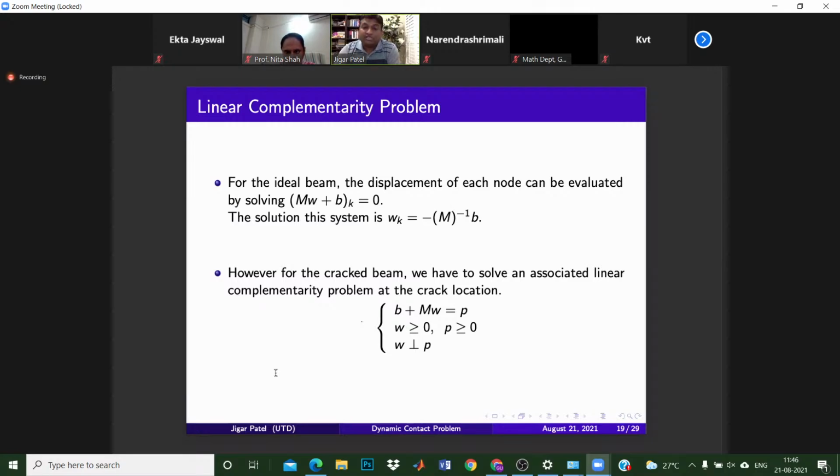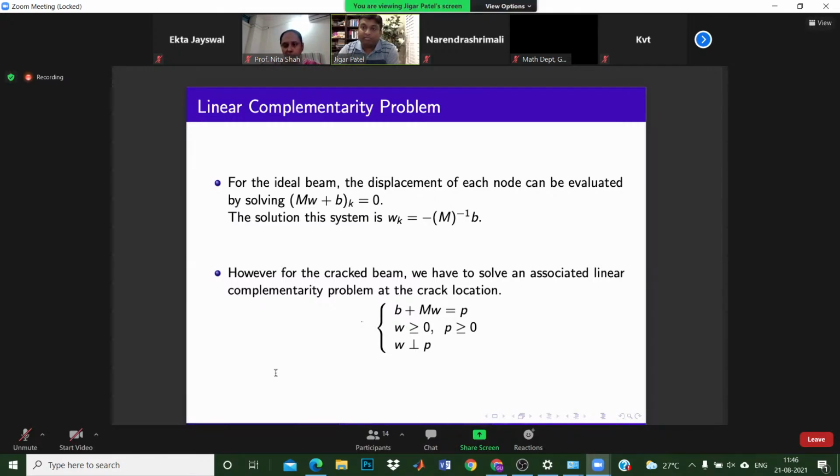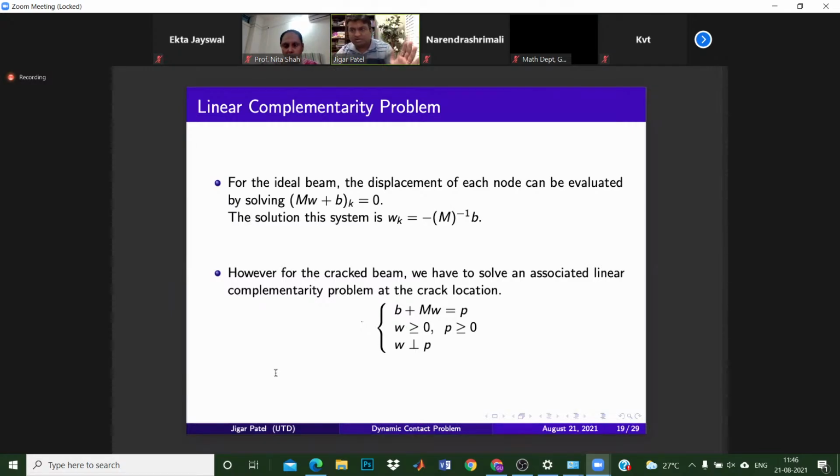And this is a very well-known problem, called the linear complementarity problem. This is the problem that is satisfied at the crack location. Now, let's try to understand what this says. B plus MW is going to take some value P, with W positive and P positive.